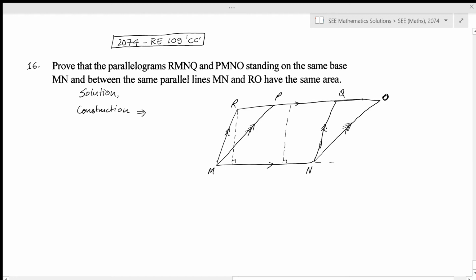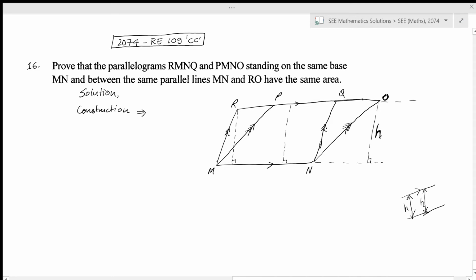The length will be the same. This will be the height, that means the perpendicular distance between these two parallel lines. You can draw it anywhere, because that is the property of parallel lines. These two parallel lines are separated by the same distance, but we have to measure it perpendicular.